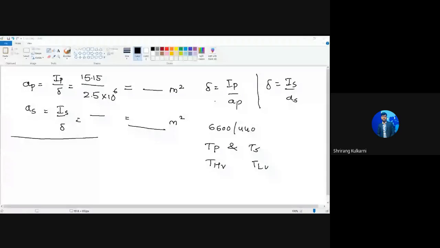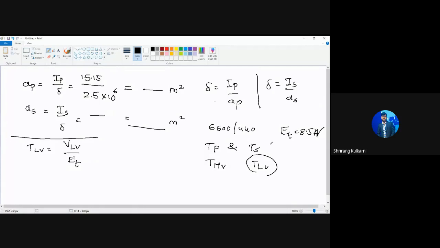So it is the high voltage turns and the low voltage turns. What is the formula for low voltage turns? TLV is equal to VLV divided by ET. ET value is given, right? 8.5. ET value is given, 8.5, sorry, volt.